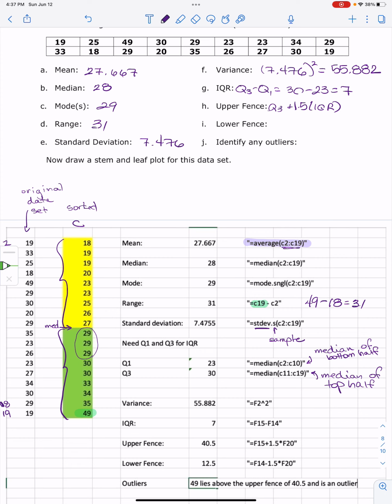Our Q3 was 30, plus 1.5 times our 7. 30 plus 10.5 gives us a 40.5. Remember that to find the upper fence, we have to add to Q3. To find the lower fence, we are subtracting from Q1.